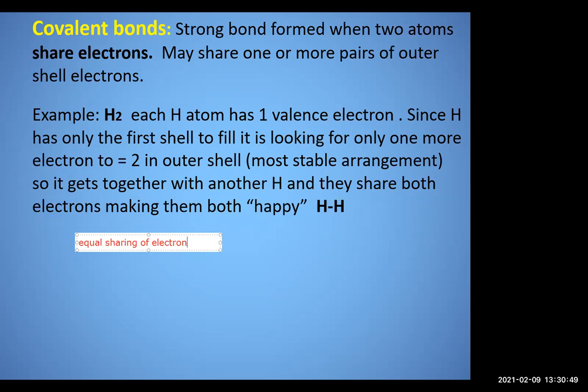Equal sharing of electrons equals nonpolar covalent bonds, and then unequal sharing equals a polar covalent bond. Does anybody know of a common compound that has a polar covalent bond? Water? You got it.